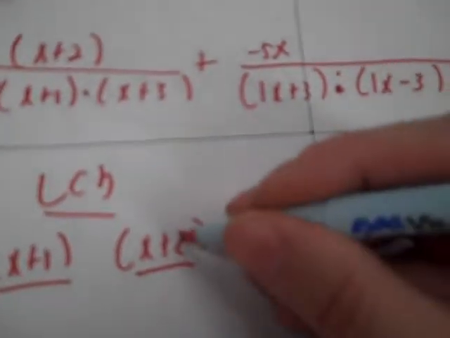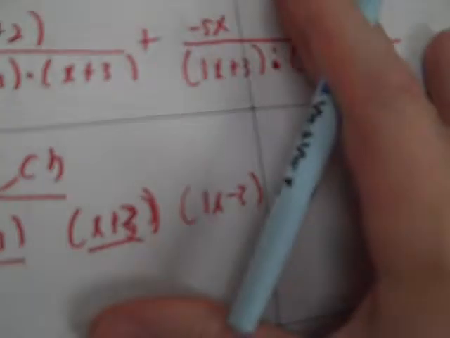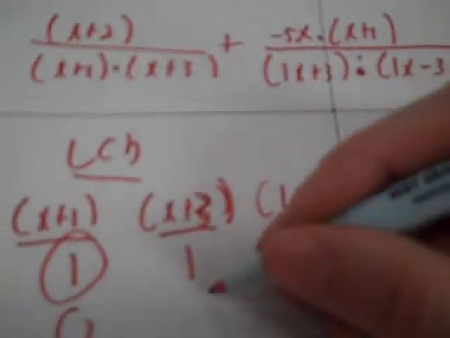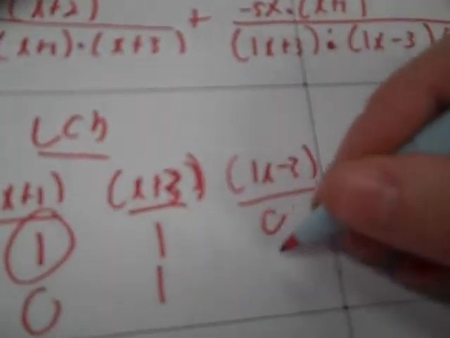The minus plus operator is changing, means they're separate factors. x plus 1, I got 1 and 0, so they need to both have 1. x plus 3, 1 and 1. We're good. 1x minus 3, I have none and 1. Put that right here. Doesn't matter where it goes as long as it's there.